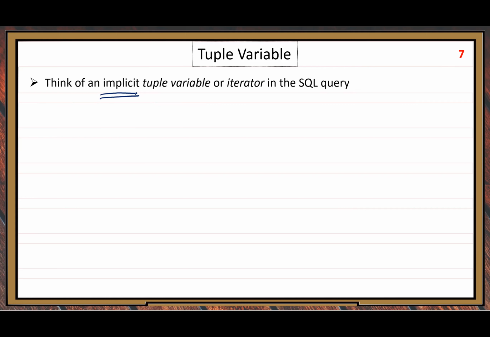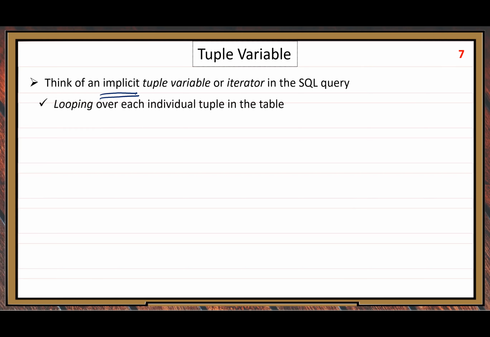You can only imagine it. Or an iterator, just like a for loop, while loop, just like a loop. Then there is some iterator you need to use to go through all the tuples in the loop in the SQL query.